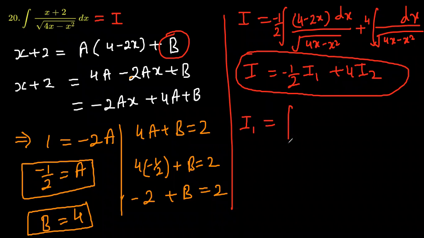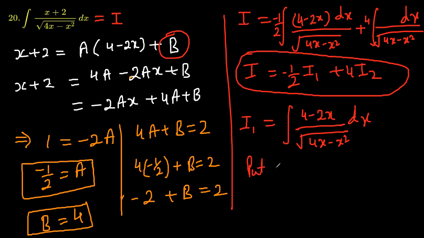I1 is the integration of 4 minus 2x divided by the square root of the denominator. If we put this denominator as t, meaning if we put 4x minus x squared is equal to t, this will give 4 minus 2x times dx is equal to dt.